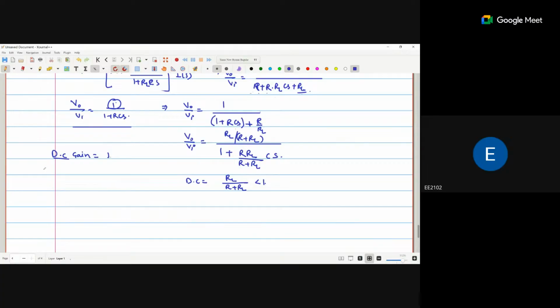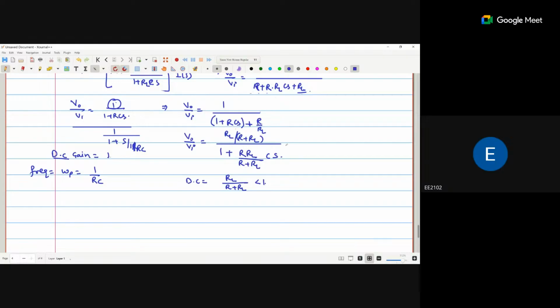Second, the frequency. Omega P is nothing but 1 upon RC. I just put that equation as 1 upon 1 plus S upon 1 by RC.